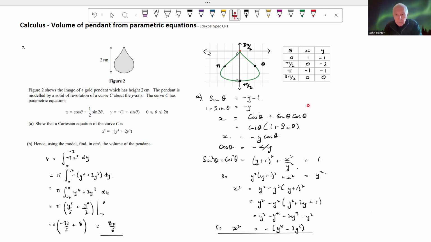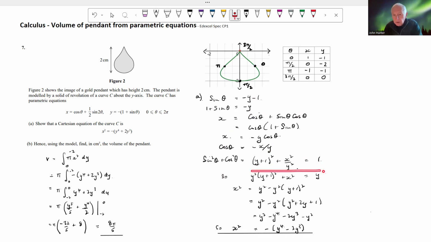So now we've got sine theta and cosine theta in terms of x and y. And that is a common theme with these things, to find an expression for sine theta and cos theta. And once we've done that, then we can glue them together by use of the Pythagorean identity. Sine theta squared being that, cosine theta squared being that.